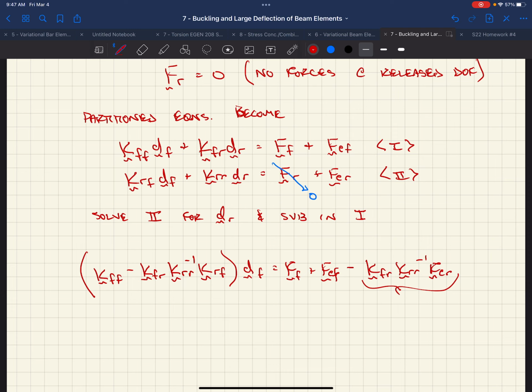But we need to now modify them and move them to the fixed degrees of freedom, right? Because we cannot have forces in the released degrees of freedom. So that's what this is all doing. So F_EF minus K_FR times the inverse of K_RR times F_ER. I'll fix that in my notes.